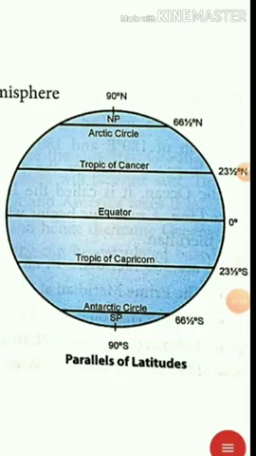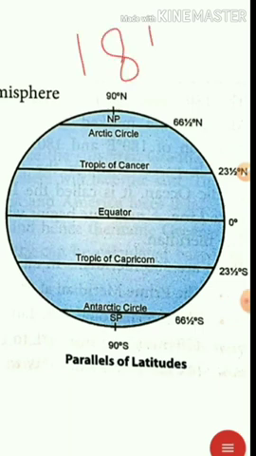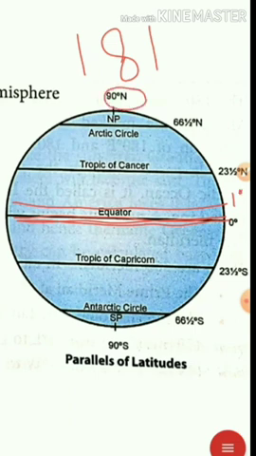Now we will learn how there are 181 latitudinal lines on the globe. That is the equator. From 1 degree north to 90 degrees north, in this area there are 90 latitudes.